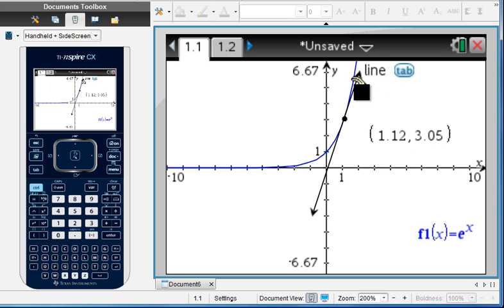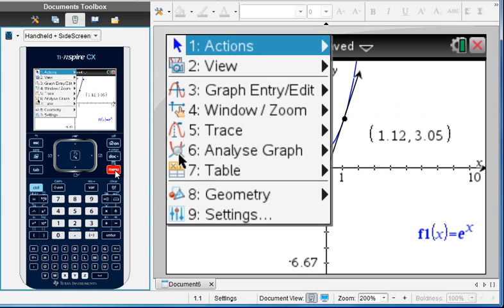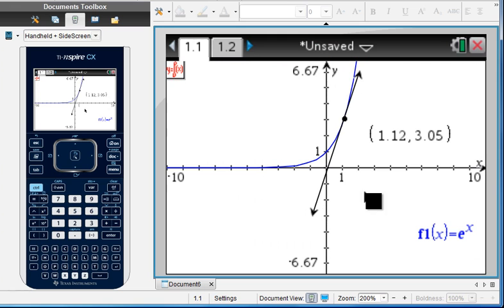Now I would like to know the function for this tangent and the slope. I'm very interested in the slope. So I'll go to actions, coordinates, and then click on this one. Now I see the equation for this tangent here, where x is 1.12.